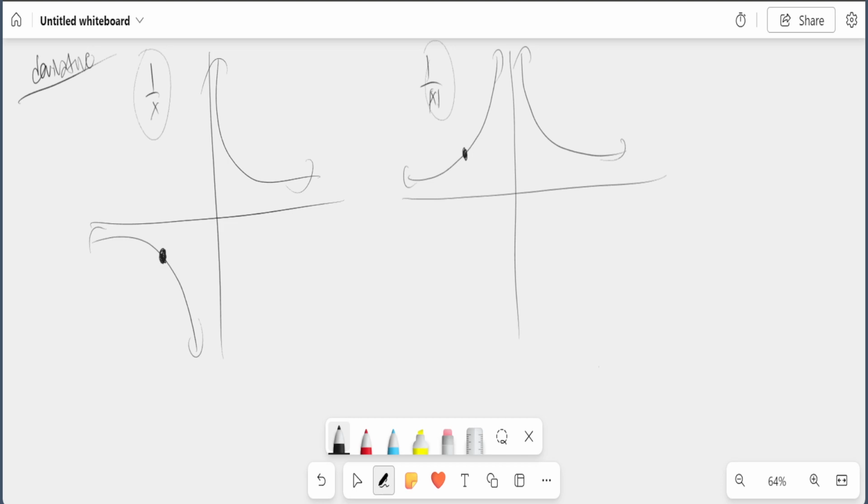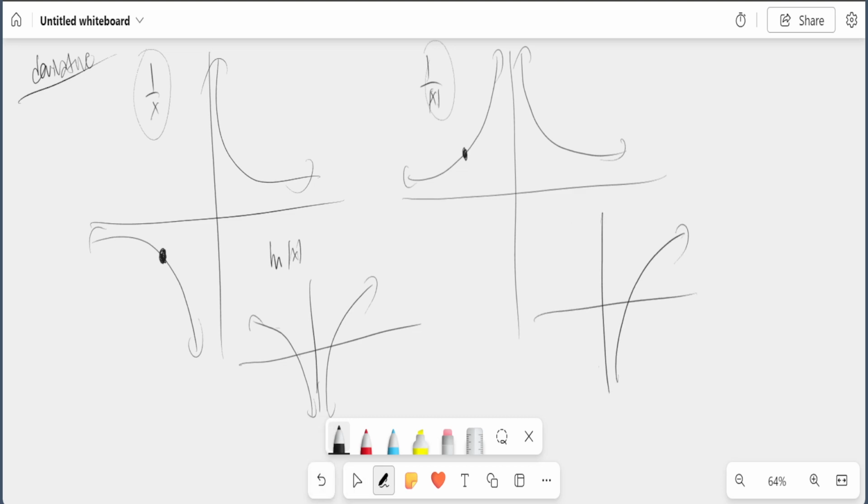So ln absolute value x, that's the original function, right? It looks like this. You get negative values, but here you would need ln absolute value of x. You would need a function that works like ln x on this side, but on this side you would need it to be flipped, like that. So it's not this.